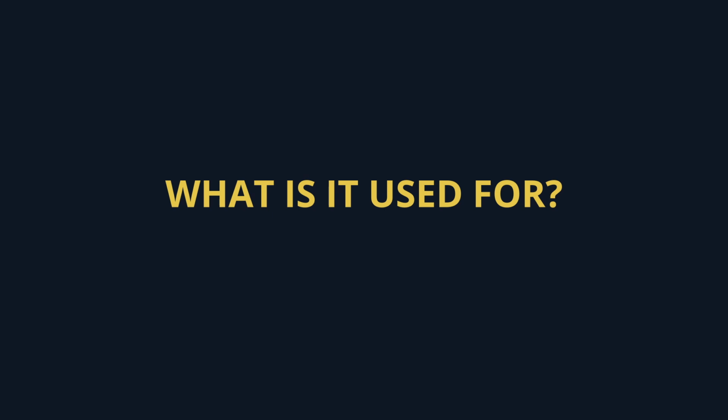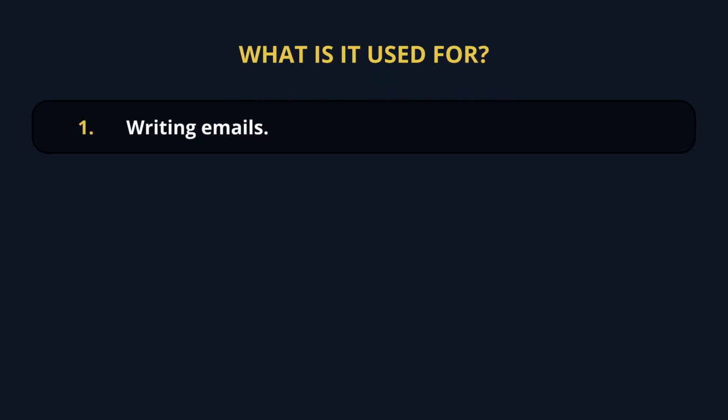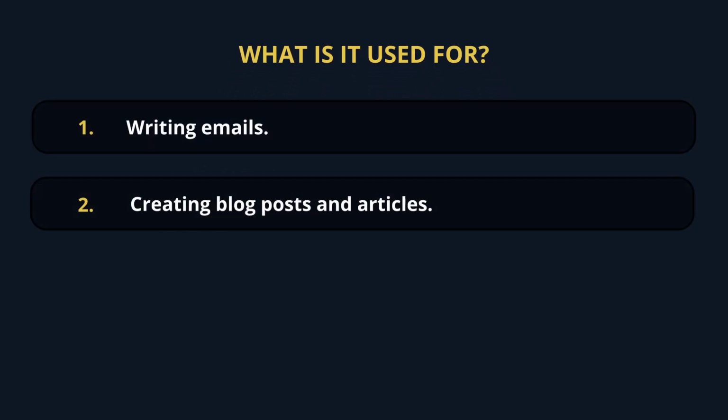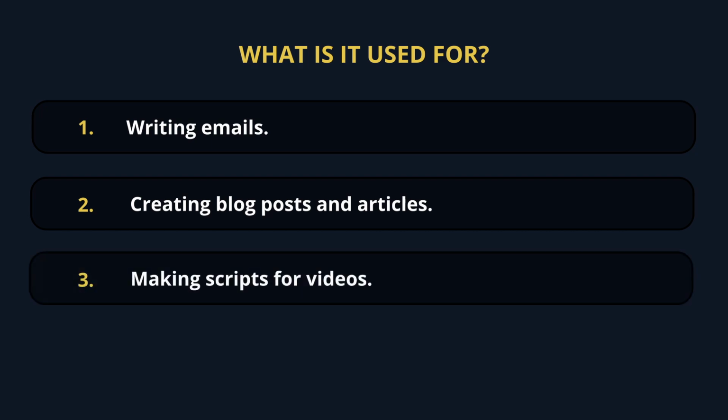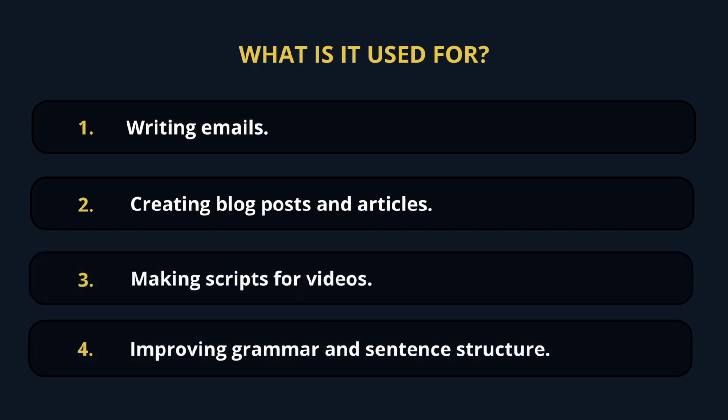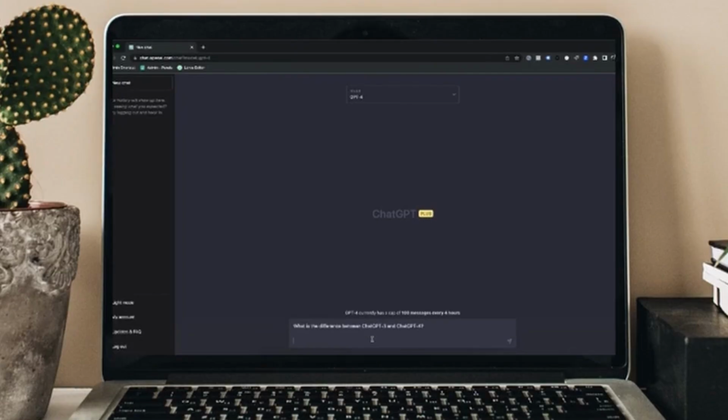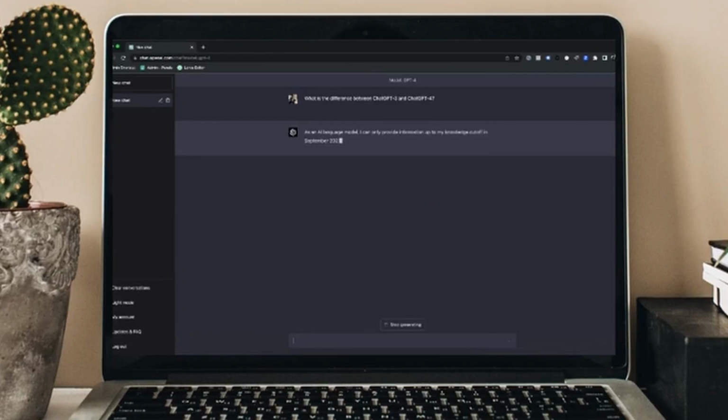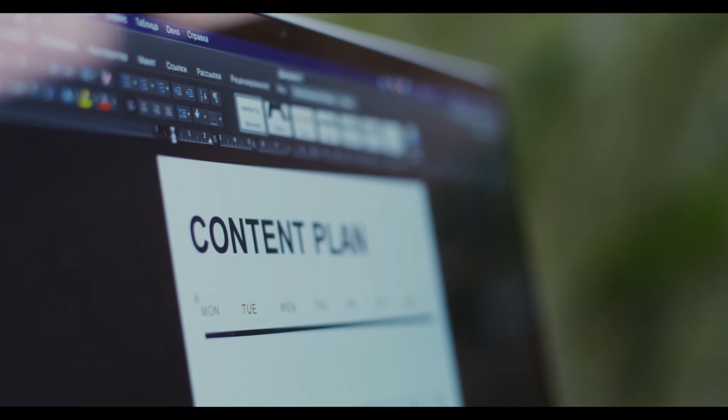These tools are used for writing emails, creating blog posts and articles, making scripts for videos, and improving grammar and sentence structure. In short, writing assistants act like a smart editor that helps you express your ideas more clearly and professionally.